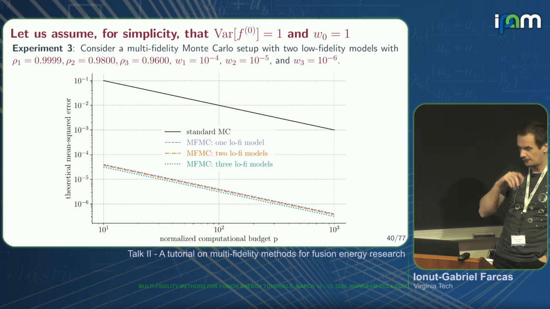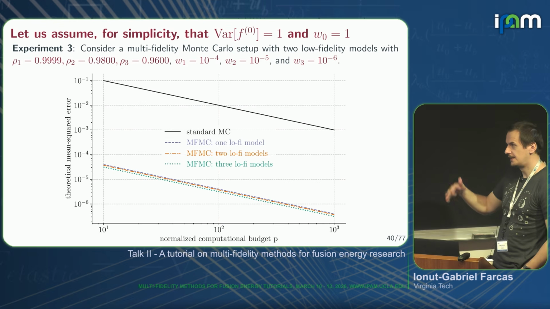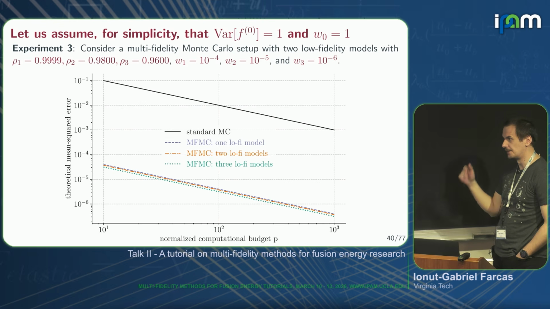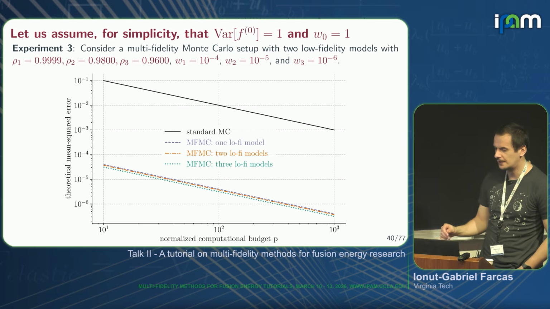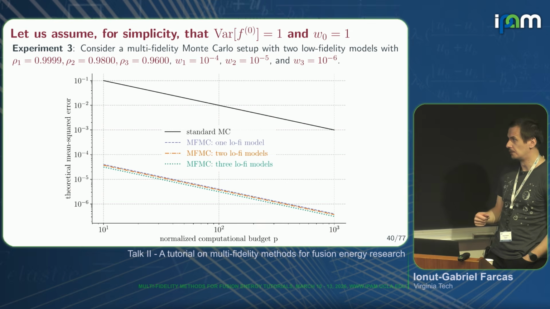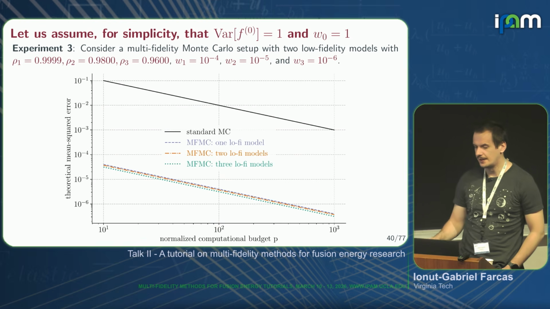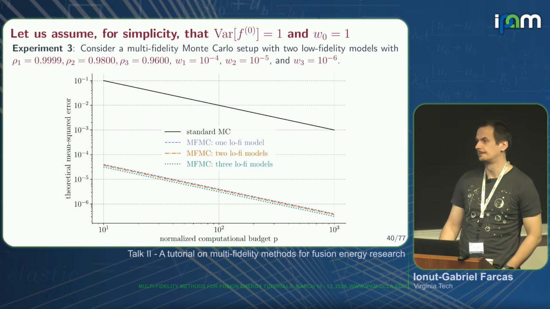And also, if you're in the situation where your high-fidelity model is very expensive, so let's say it costs hundreds of thousands, millions of compute hours for a single run, where ideally these methods would be useful. You have a low-fidelity model that is very cheap, then you can get substantial speedups.